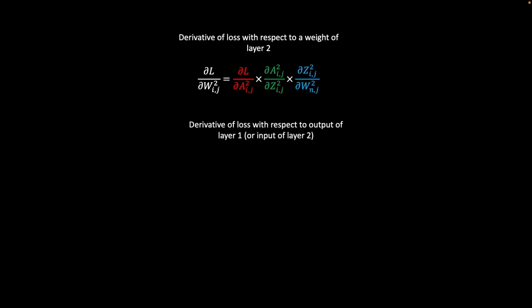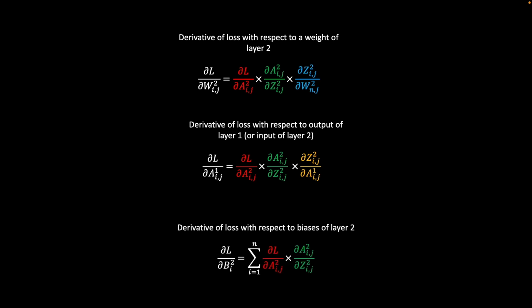The derivative of the loss with respect to the inputs of the second layer can be broken down as follows, with the final term being replaced by the derivative of Z2 with respect to the inputs. The derivative with respect to the biases is simply the sum of the product of the derivative of loss with respect to A2 times the derivative of A2 with respect to Z2.